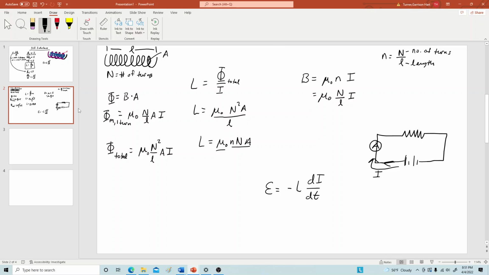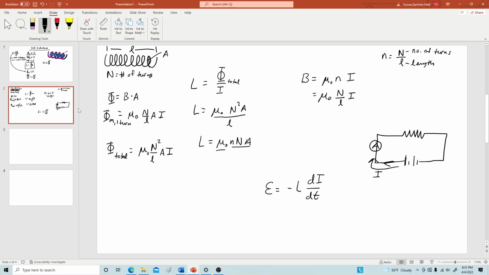Even though this circuit, because it's a closed loop producing magnetic field, produces a flux inside the loop and therefore has some self-inductance, that self-inductance for a regular circuit like this is so small, it's nearly negligible.